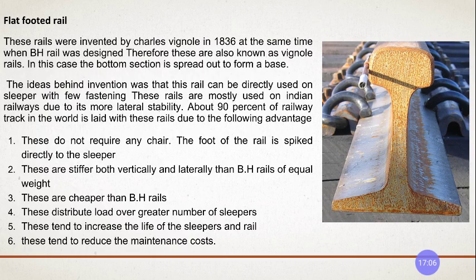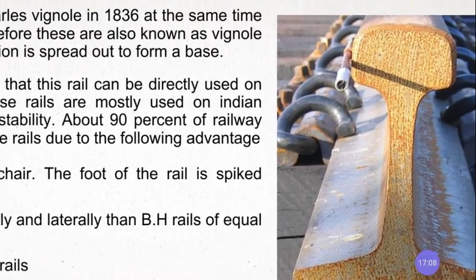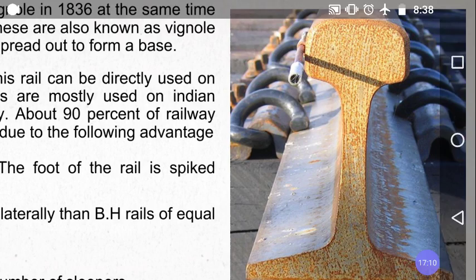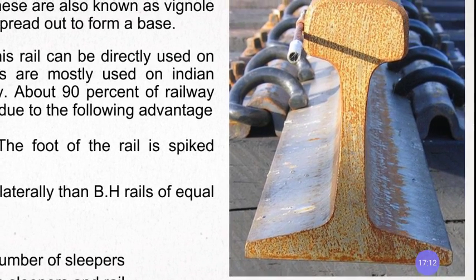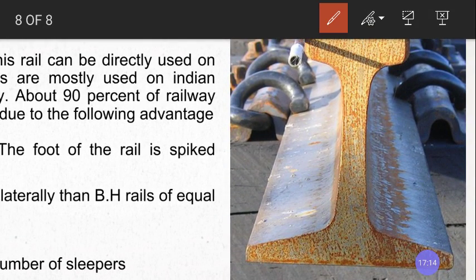So what did we come up with? We came up with this new type of rail, where you have the head of the same shape, right? And you have a web. You have a flat-footed foot. You have a flat foot here.